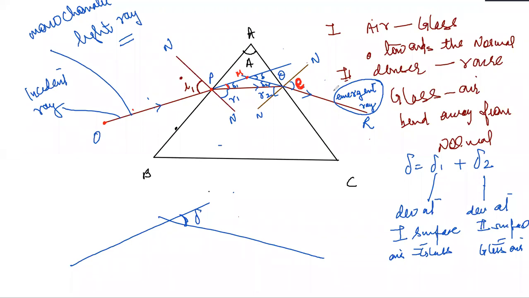You see here, it appears like it's coming from MQR. That's the second deviation here. Light suffers deviation at the second surface by delta 2.